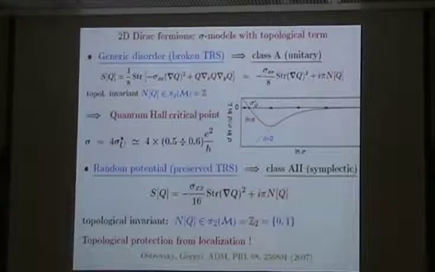So maybe I take some short questions, and then we should stop. So this RG flow in the presence of the topological term, is that analytically derived or is it guessed? It's the same story as the monopole effect. This is the RG flow for the monopole effect.